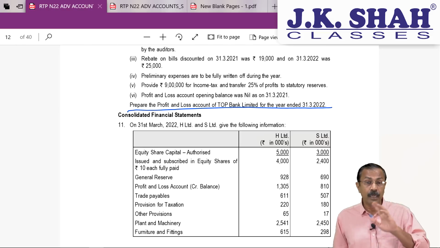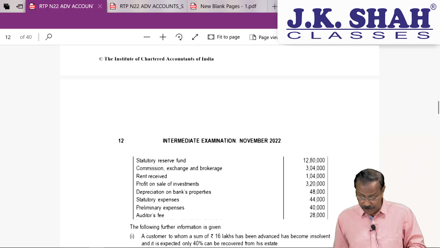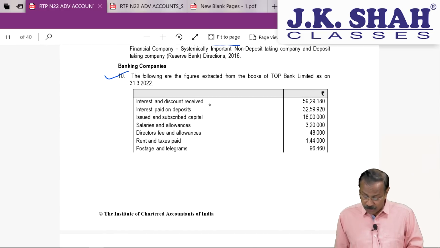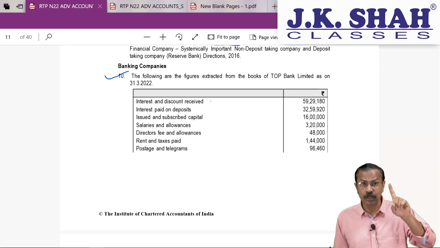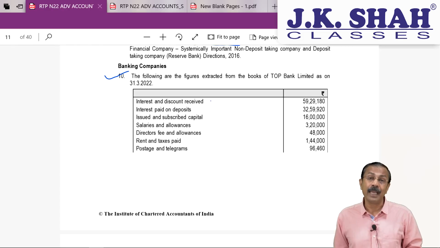Only P&L, no balance sheet, remember. So interest and discount. P&L has only 4 schedules. 13, 14, 15, 16. 13 is interest earned. 14 is other incomes, 15 is interest expended, 16 is operating expenses.